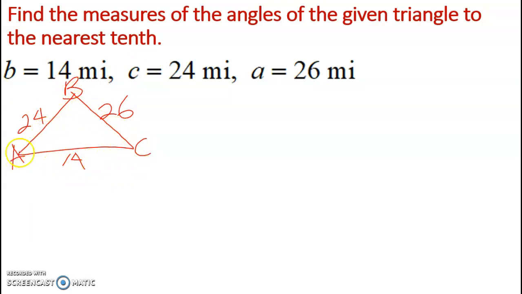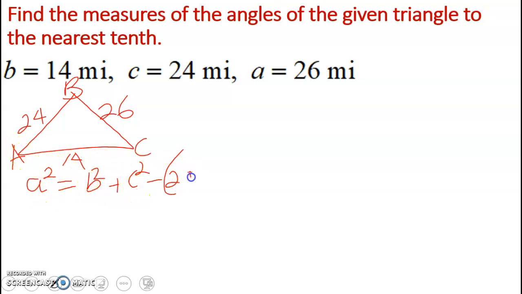You don't have any of them, so we can start from angle A. So if we are starting from angle A, then it's going to be A squared equals B squared plus C squared minus 2 times B times C times cosine A. Again, it's going to be the cosine of the angle opposite the side you set equal.